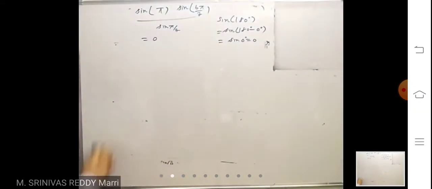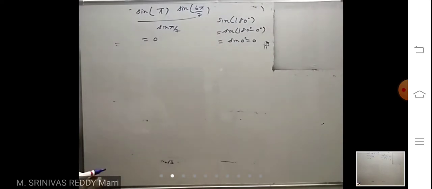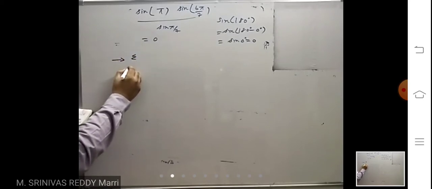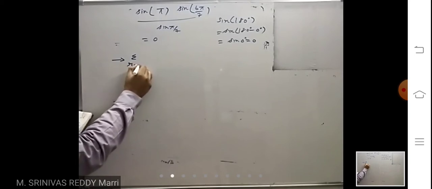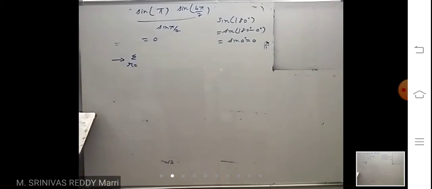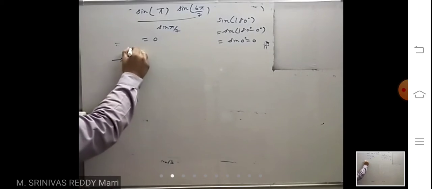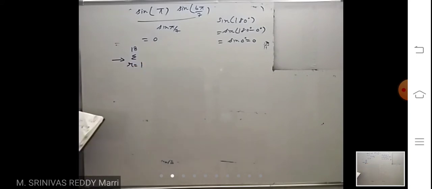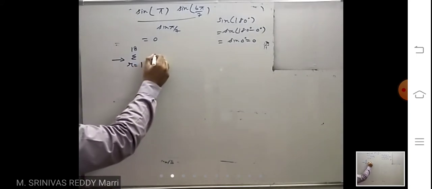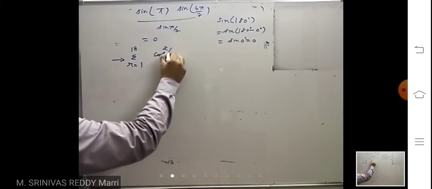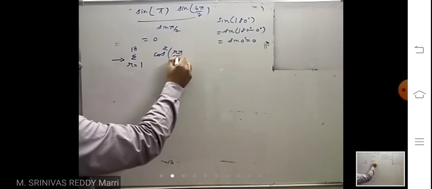Okay, one more problem. Sigma r equals 1 to 18, cos square of r pi by 9.